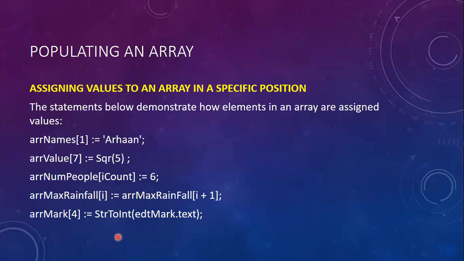Okay, then populating an array. So assigning values to an array in a specific position. The statements below demonstrate how elements in an array are assigned. So values are assigned.